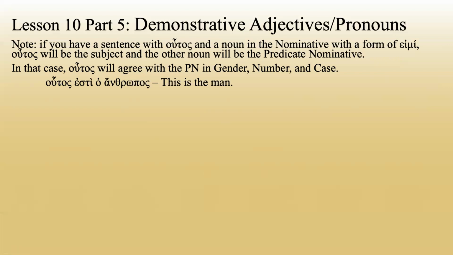The rule, if you'll remember way back, I don't think I put it in here. The rule is first, is there a pronoun? Now, up until now, we haven't had any pronouns. When you're trying to figure out which word is the subject and which is the predicate nominative, the first thing that gets priority is: is there a pronoun? If there's a pronoun, the pronoun is the subject. If there's not a pronoun, then you ask yourself which one has a definite article, and the one that has a definite article will be the subject.